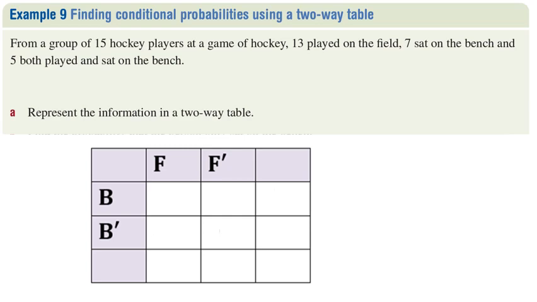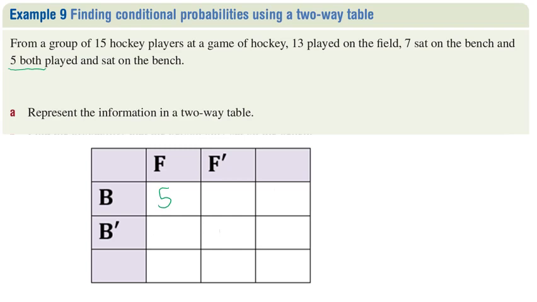Next example. From a group of 15 hockey players at a game of hockey, 13 played on the field, 7 sat on the bench, and 5 both played and sat on the bench. Put this information in a two-way table. Okay, so it's important here you always do the both. So 5 did both, field and bench.